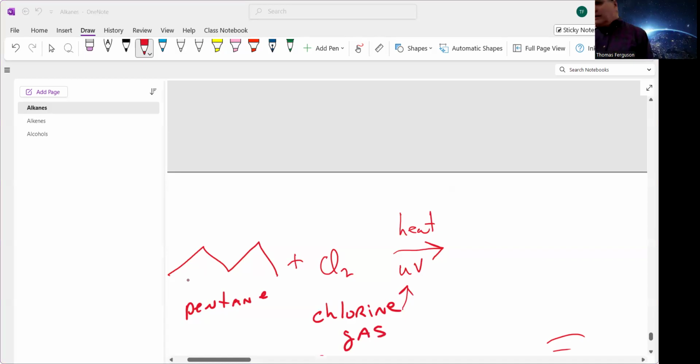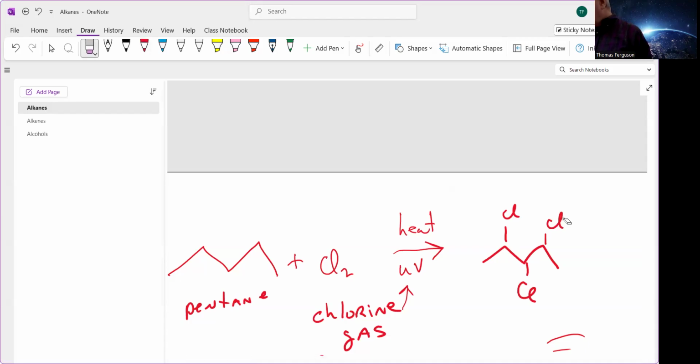The conditions are heat and UV. It yields a chlorinated hydrocarbon. Now, you're going to get a mixture, but all you need whenever this reaction goes is a chlorine someplace along the backbone of that pentane. You can have it here, you can have it here, doesn't matter. And then we have to name it. So let's name it.